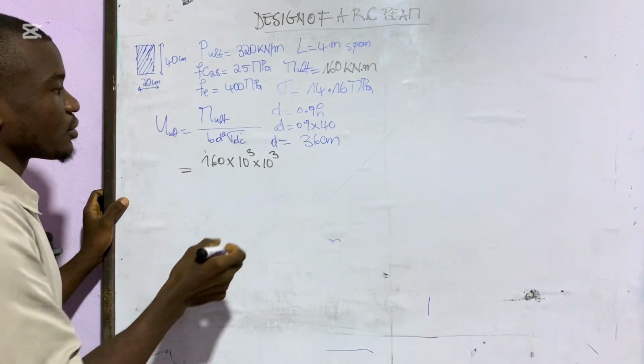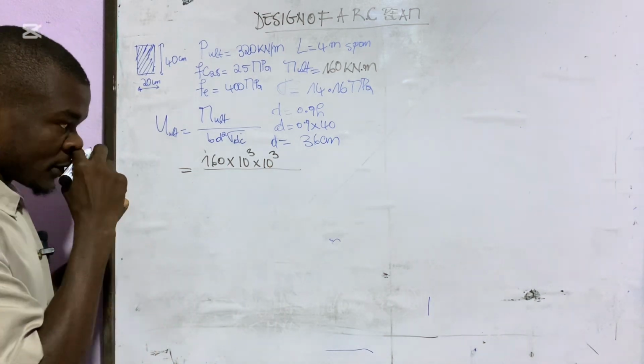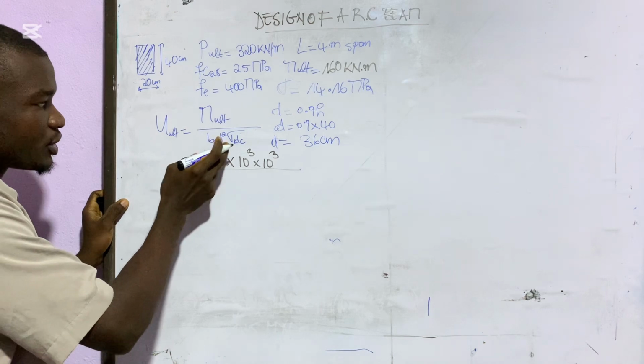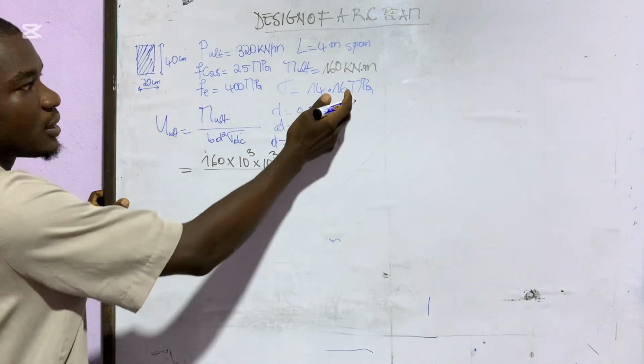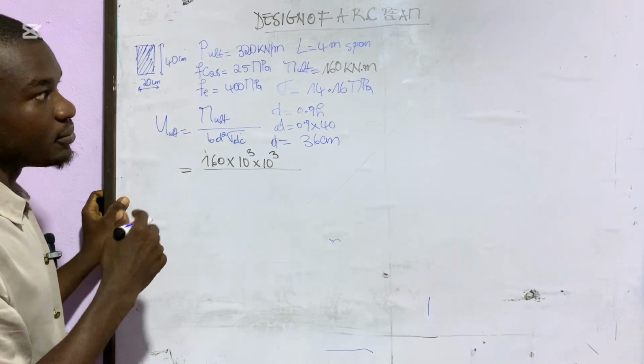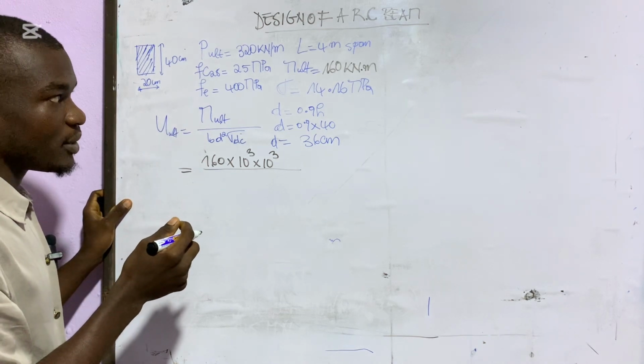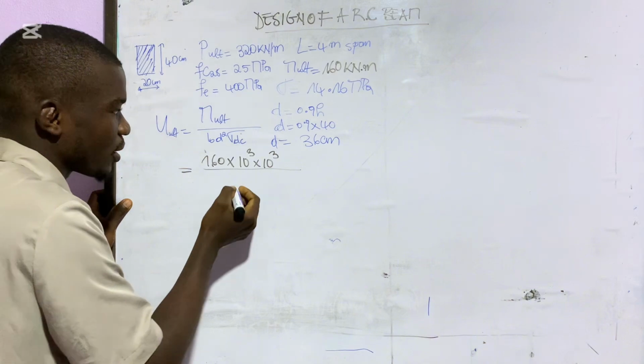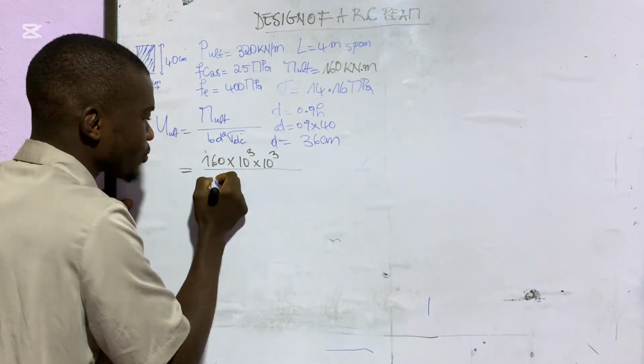So that's the conversion, now in Newton millimeter. Now I go down and change the design strength of my concrete, which is in megapascal, that's Newton per millimeter square. I will just write 14.